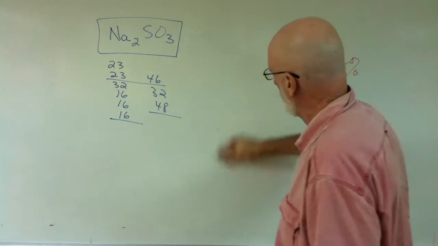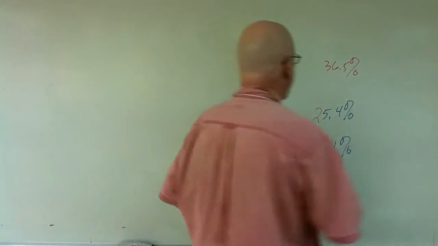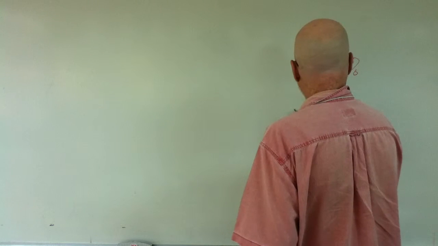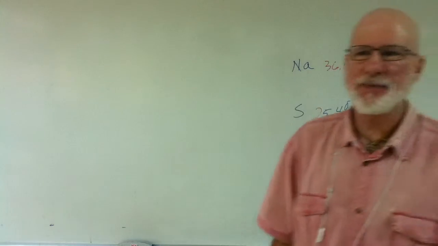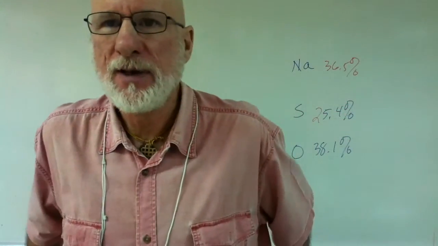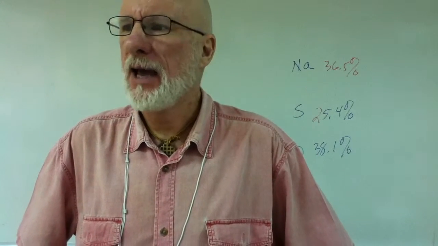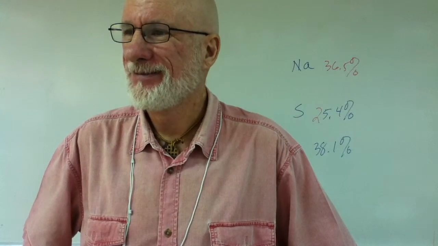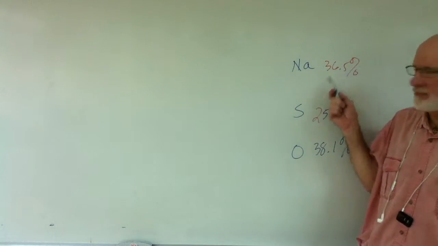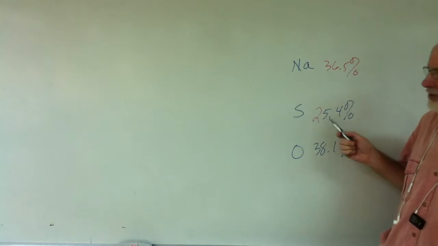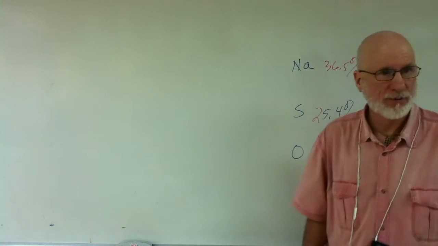Sodium, sulfur, oxygen, okay. Now here's another problem. This is sodium, this is sulfur, and this is oxygen. You're given an elemental analysis, and your elemental analysis says that you have a white powder, which is made of 36.5% sodium, 25.4% sulfur, and 38.1% oxygen.